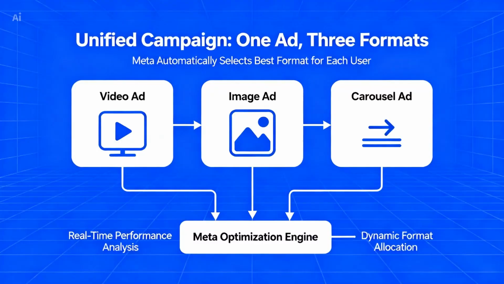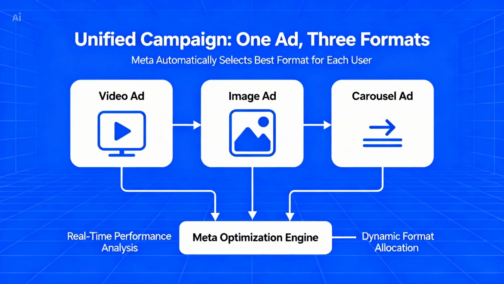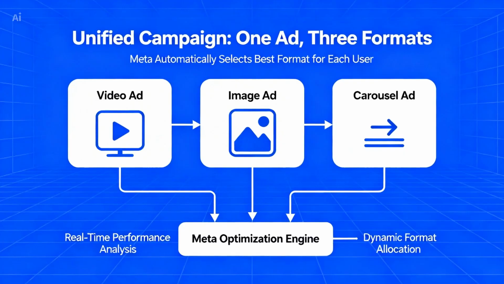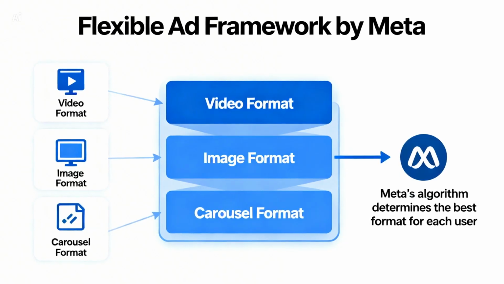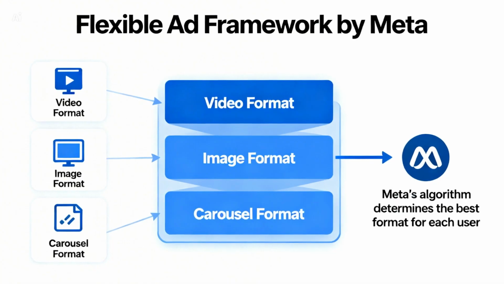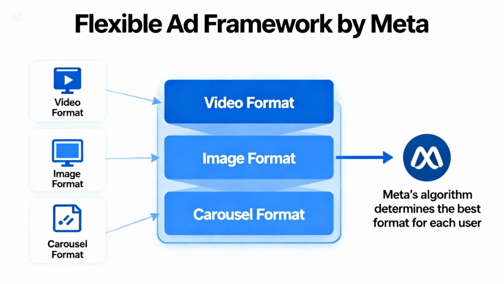Think of it like this. Instead of running 5 separate ads, one video, one image, one carousel, you build one flexible ad that includes all 3 formats. Meta then determines which format performs best for each user within the same ad framework.